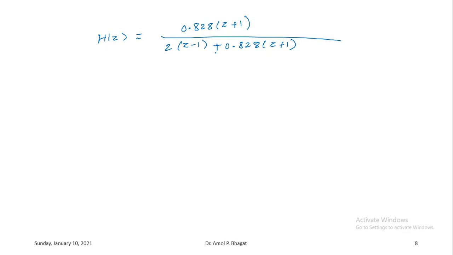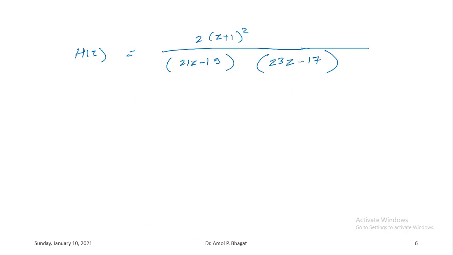I'll keep it at your end; try to write down H(z) in z inverse form. Whatever system functions were seen while realization of IIR systems, all those system functions have terms in negative powers of z. Likewise, you can apply the bilinear transformation.